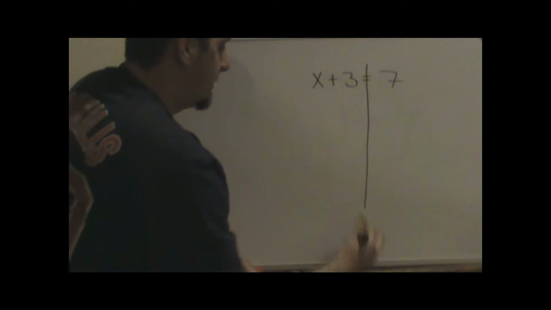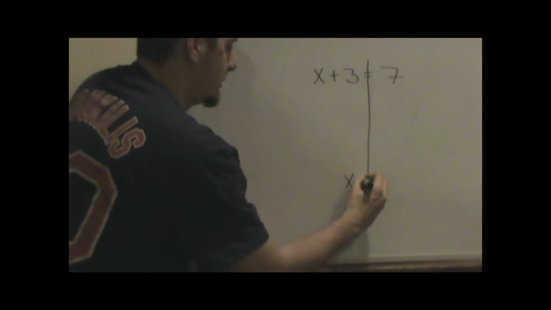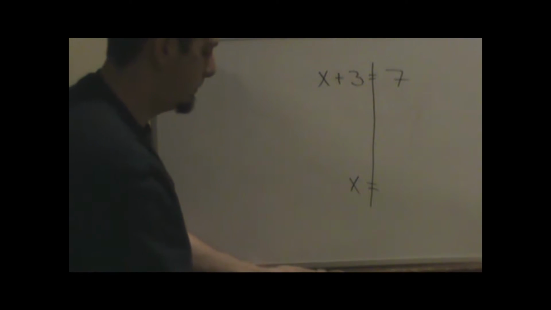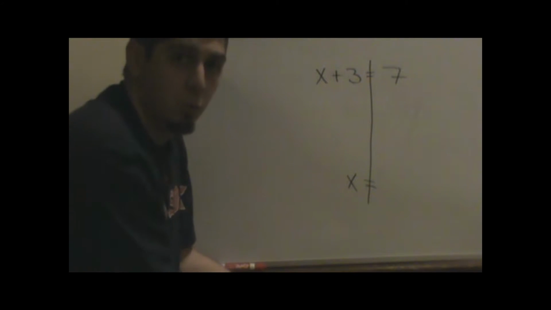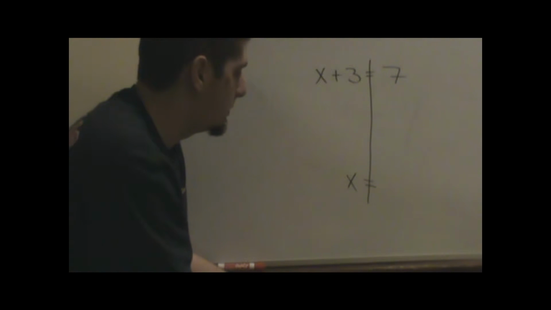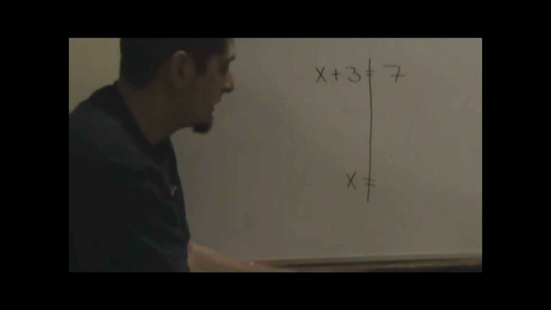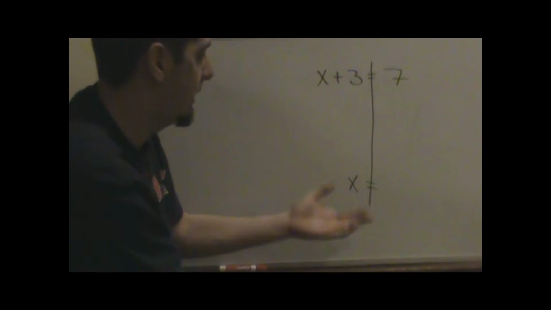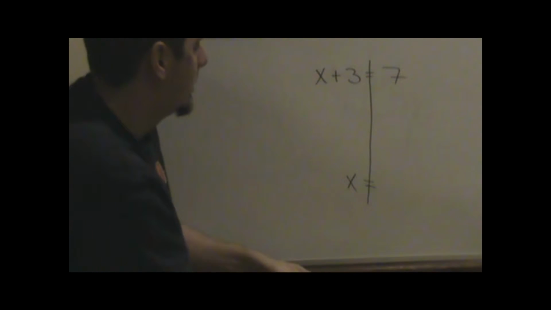So, our goal in this problem is to figure out what x is. If you were to put the equal sign into words, a word often used to describe equals is the word is. X is 7 means x equals 7, if x were to equal 7.